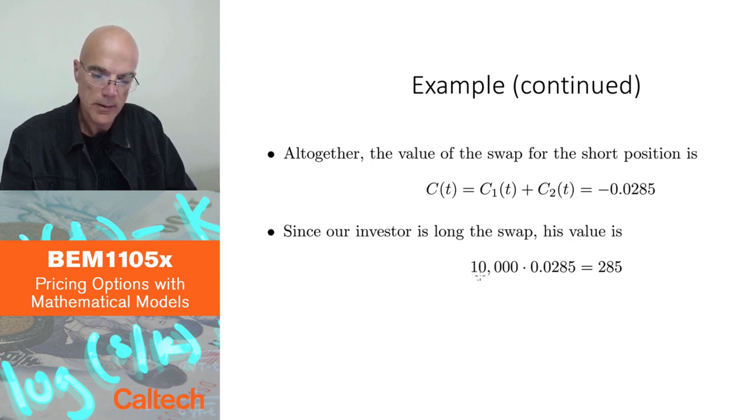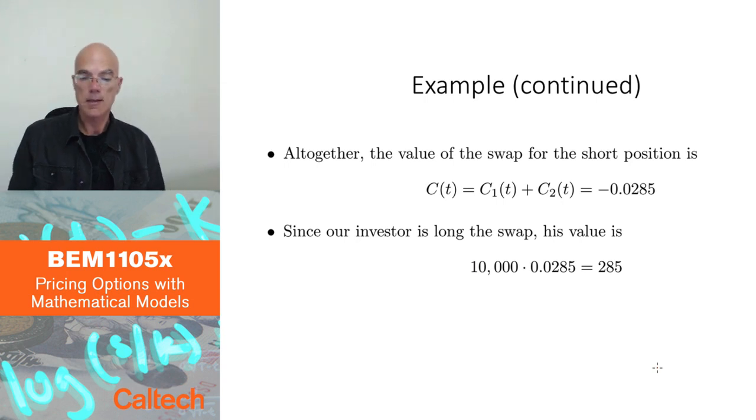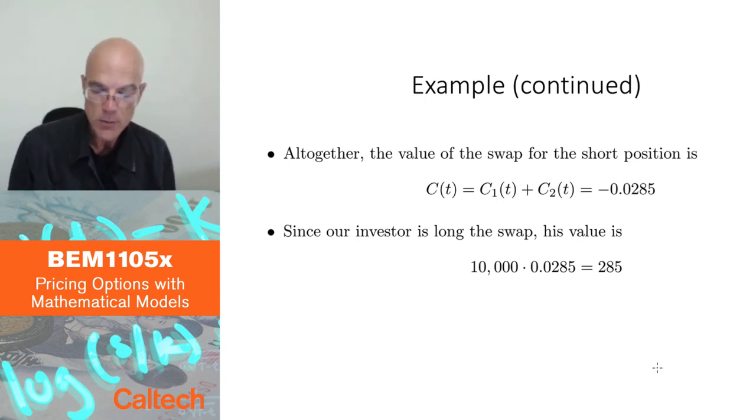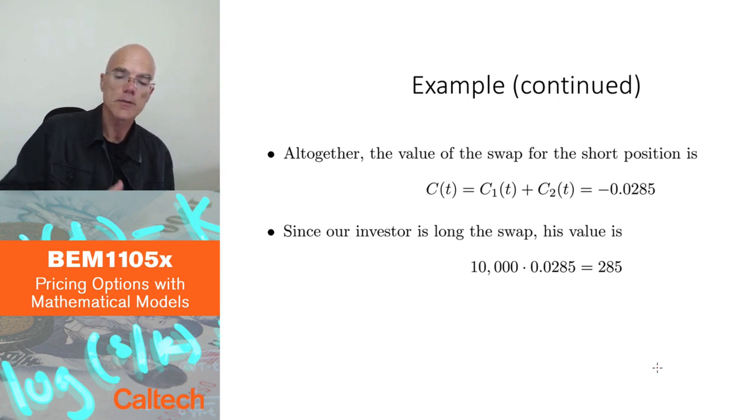So you multiply the 10,000 by whatever number you get here, with the minus sign, and that's the total swap value at the time 3 months after T0, at the time we were looking at.